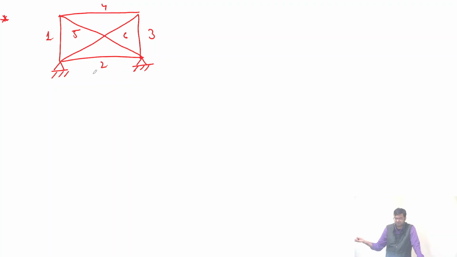So there are 6 members. Although there are additional pin joints wherever the members intersect, we are going to take only the supports as joints and ignore the other things. We should not ignore it, but we are going to. Let us call the supports A, B, C, D.